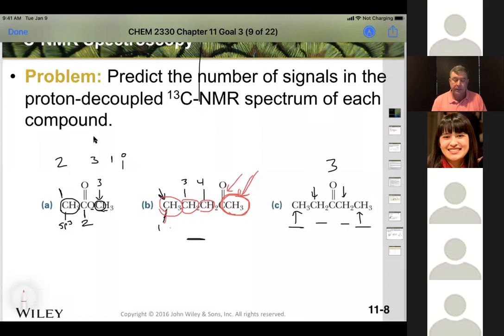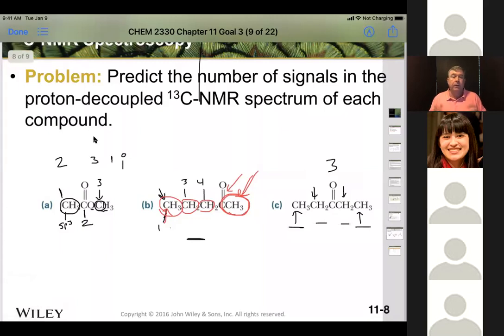No, the CH3 is going to be closer to 0, because just like in hydrogen, the CH3 hydrogens were closest to 0, the CH2s were next, and then the CHs were higher. So the more hydrogens you have, the closer you are to 0. And it works the same in carbon. The more hydrogens the carbon has on it, the closer it'll be to 0.